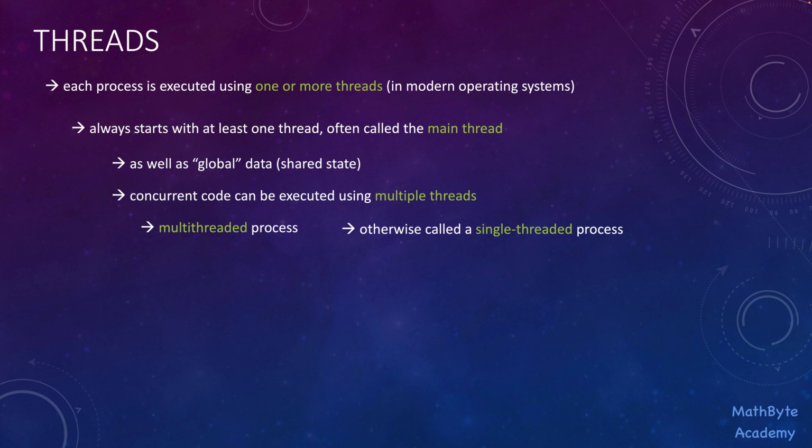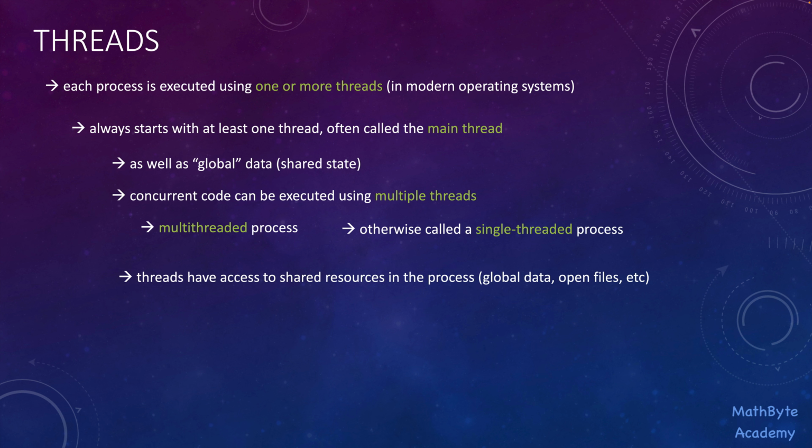Now, if we don't use multiple threads, like in our Python application, if we just do plain Python development, then we are working with a single thread, the main thread, and that's called a single-threaded process. So threads have access to the shared resources in the process, the global data, the open files, etc.